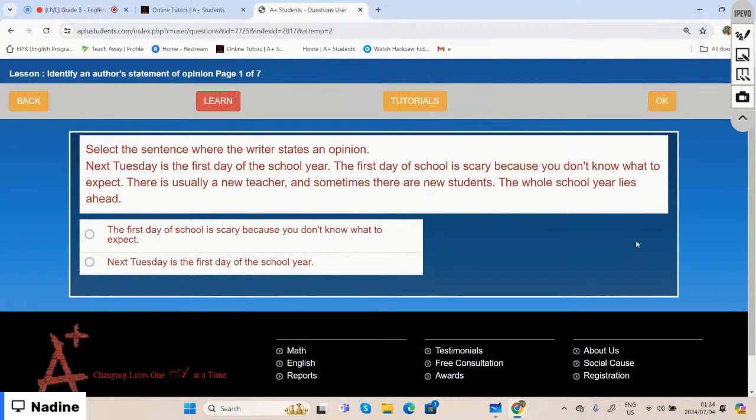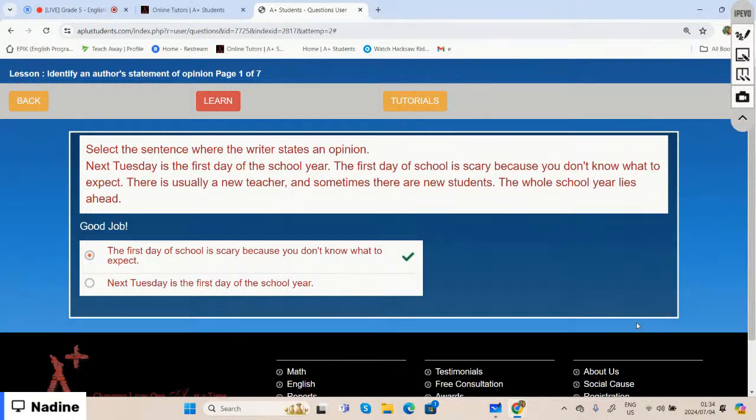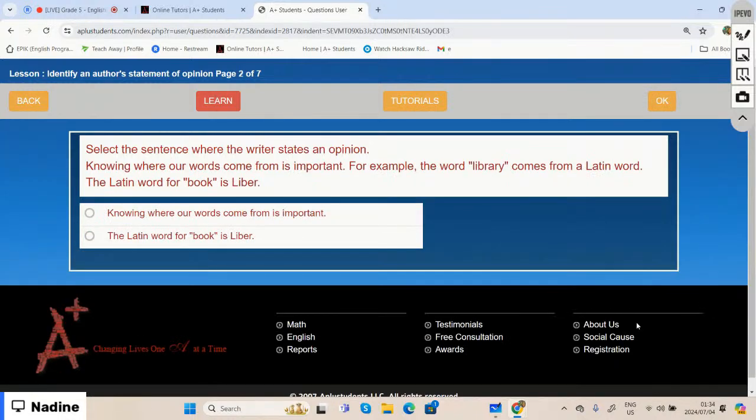All right, so we can then say that the first day of school is scary because you do not know what to expect, right? That is the writer's opinion. That is what the writer thinks.